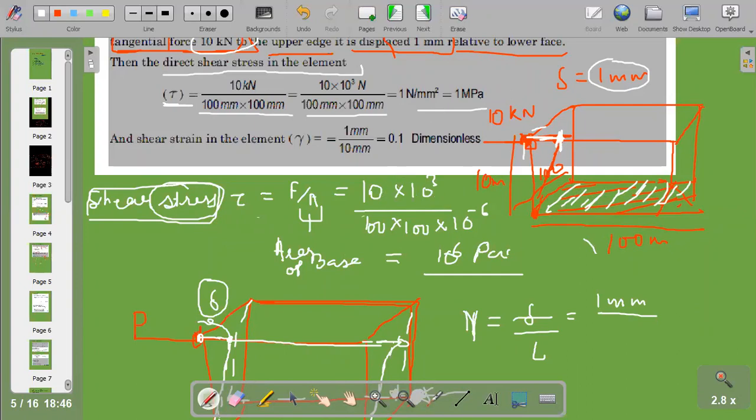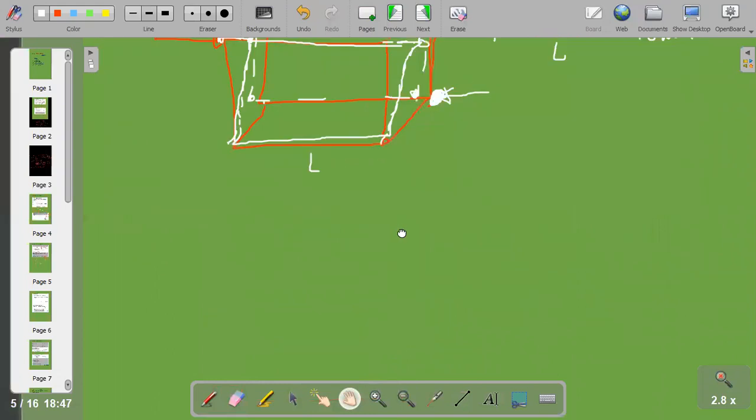Sorry, not length, this height, 10 mm. So it is 0.1. Shear strain is 0.1. This is also dimensionless, obviously, distance by distance will be dimensionless. Now is the confusion clear?